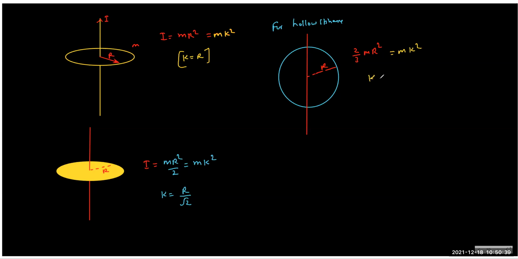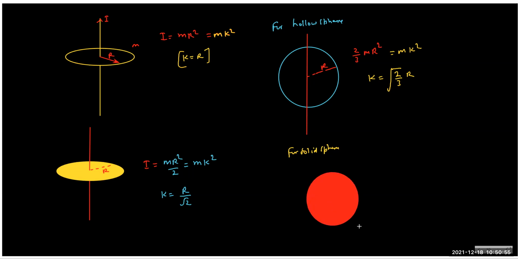So now k is how much? And so for a solid sphere, of course it's a similar thing. I'm not going to make it something extra. The answer is R root 2 by 5. Correct.